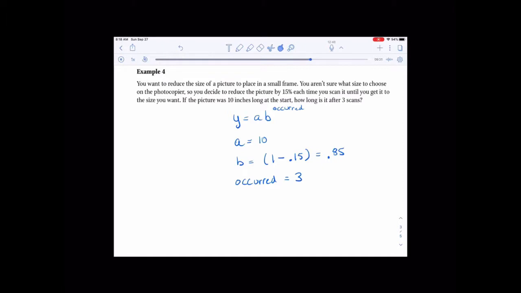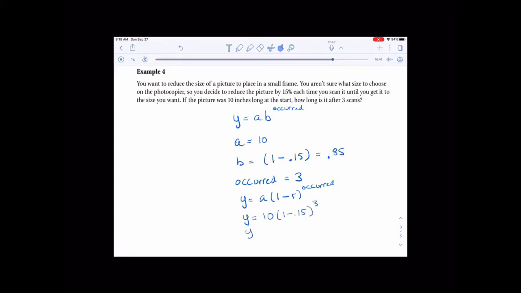Let's substitute these values in. y equals a multiplied by 1 minus r raised to the amount of times it has occurred. So y is equal to 10 multiplied by the difference of 1 minus 0.15 raised to the 3rd power.